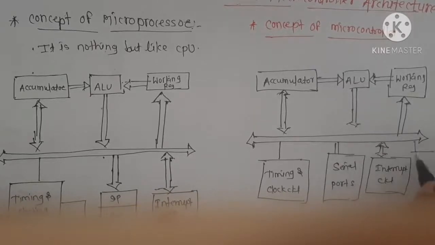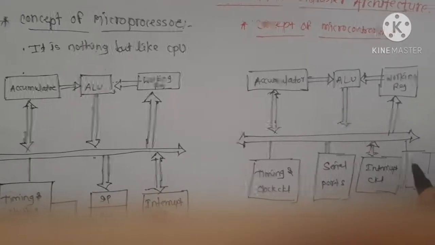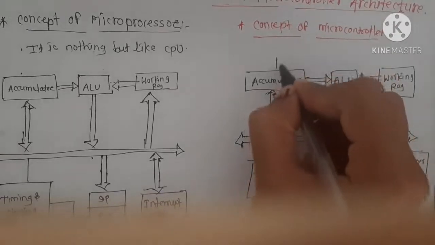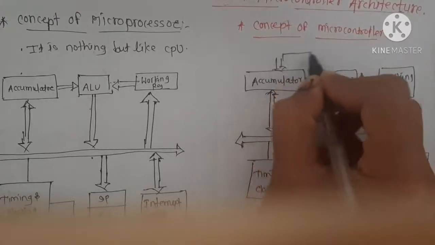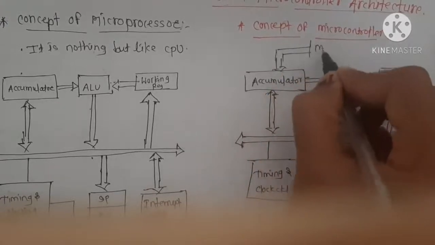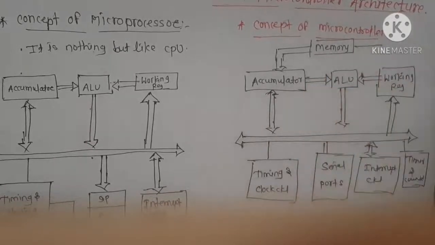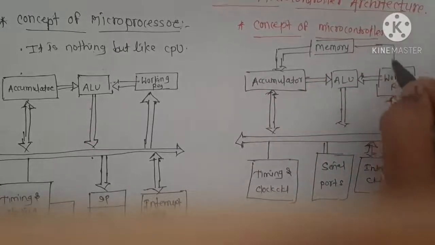After that, timer and counter. Last one is here: memory is present, which is absent in microprocessor. This is the major difference between microcontroller and microprocessor.